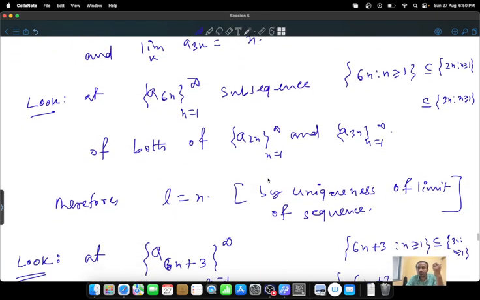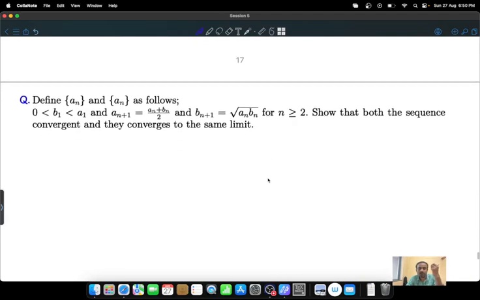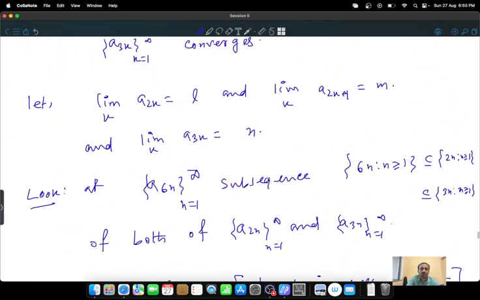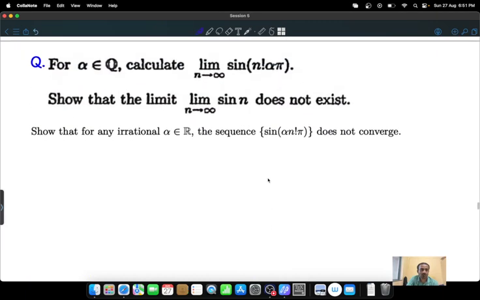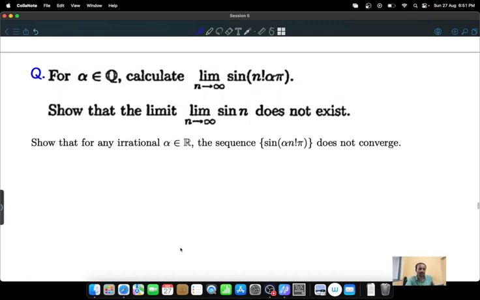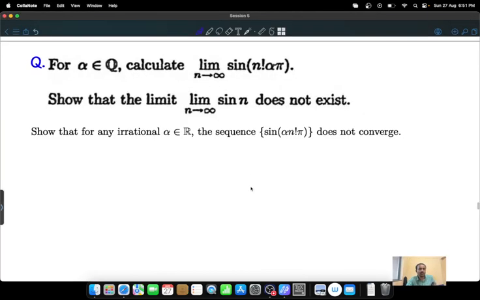Okay, so I think I have 10 minutes left, so I had a few problems but let me show the interesting one, this one. So let me solve this one because I have only 10 minutes.